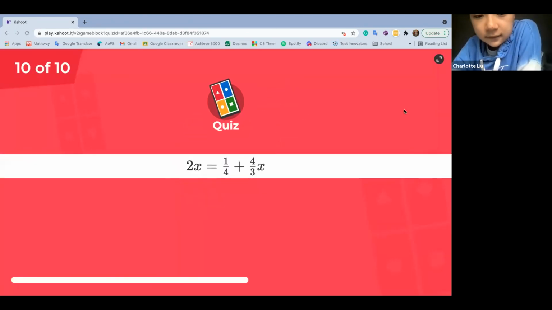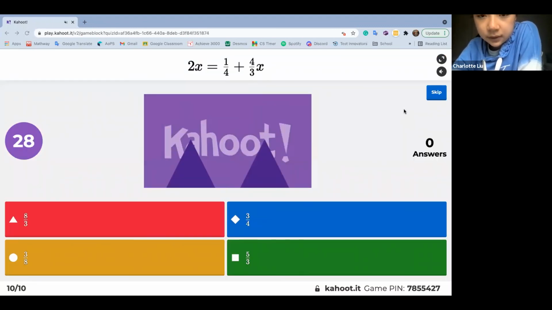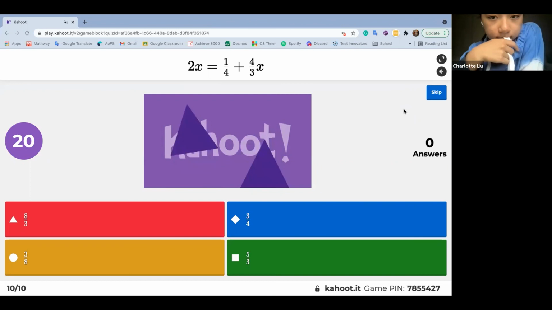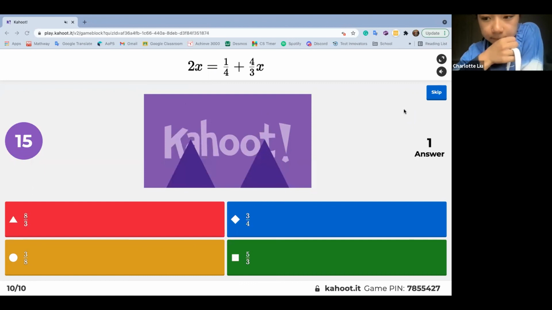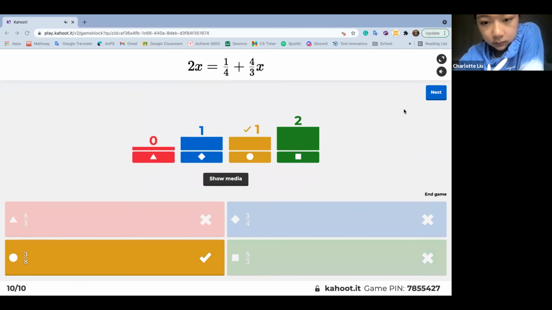Solve for x. 2x equals 1/4 plus 4/3 x. Only one person got this right, so I just want to explain this question really quickly.